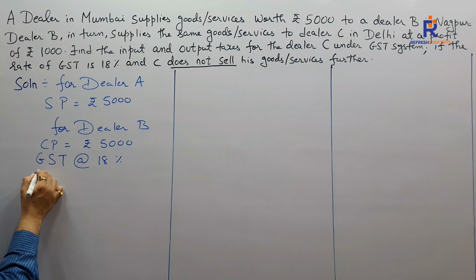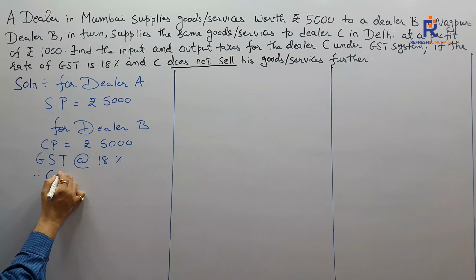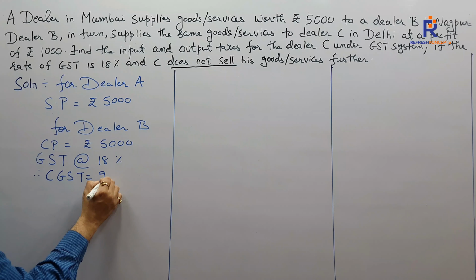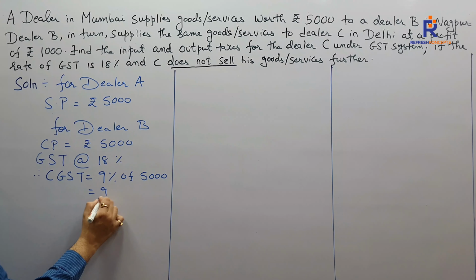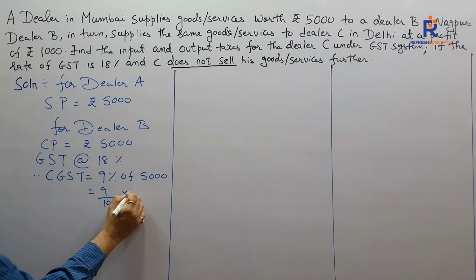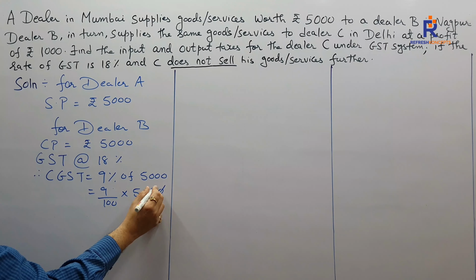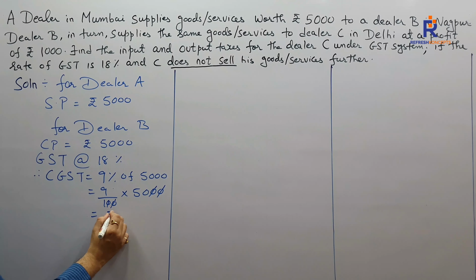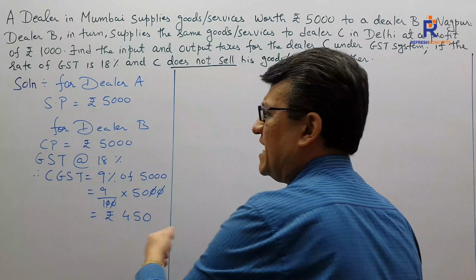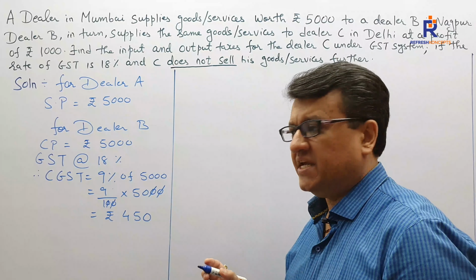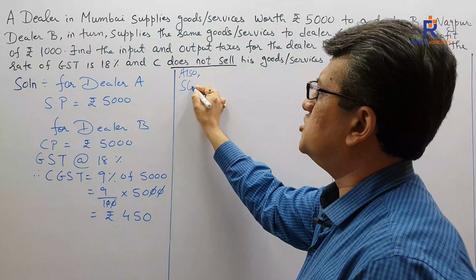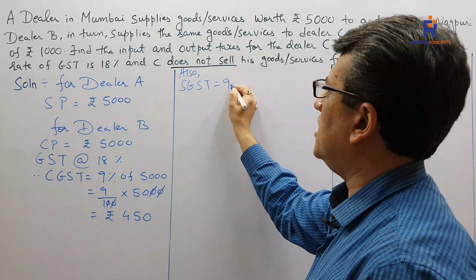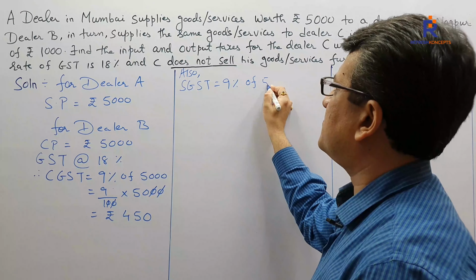So CGST is 9% of 5,000. How much is 9% of 5,000 working out to be? 9 by 100 into 5,000, rupees 450. On the same lines, for dealer B, SGST is again 9% of 5,000.